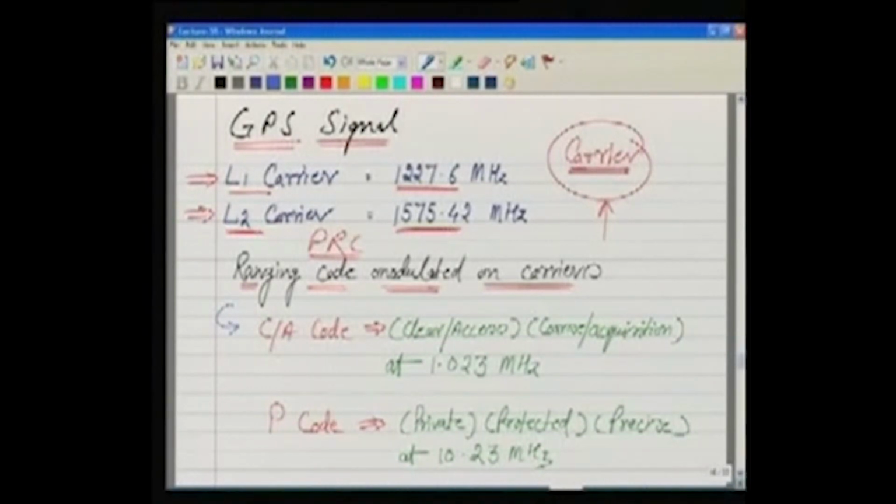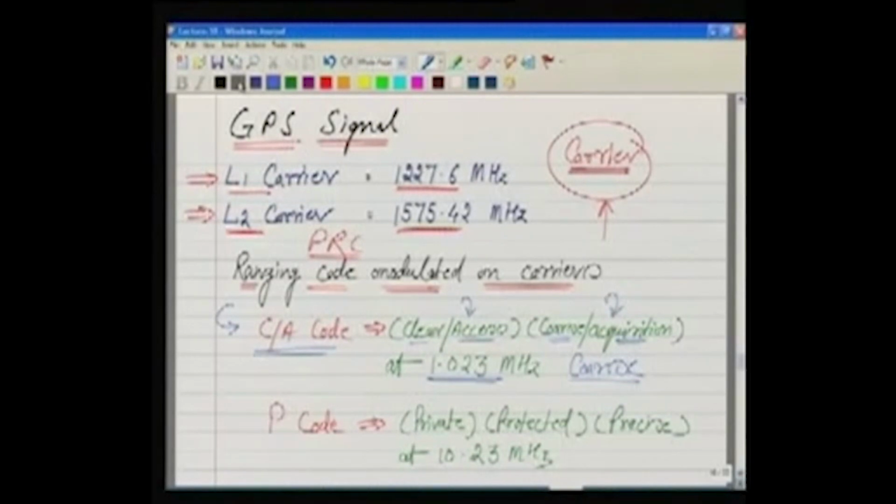One code we call the CA code. The CA stands for clear access. That means it is free. Anybody can access this code. Also it is called coarse acquisition, meaning it is not precise. And this modulation is done at 1.023 megahertz frequency. It's not precise, it's coarse.